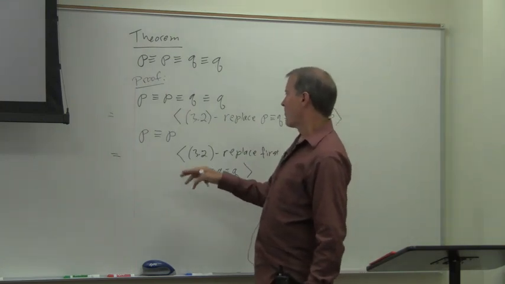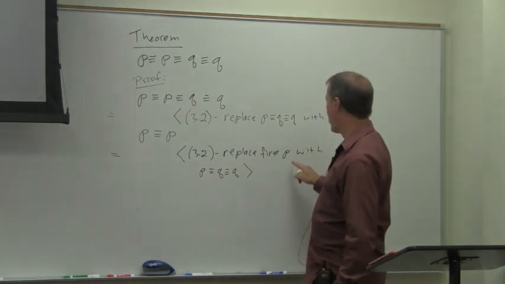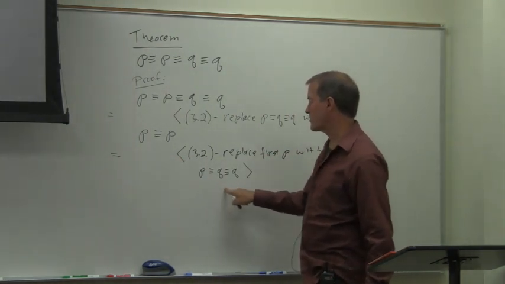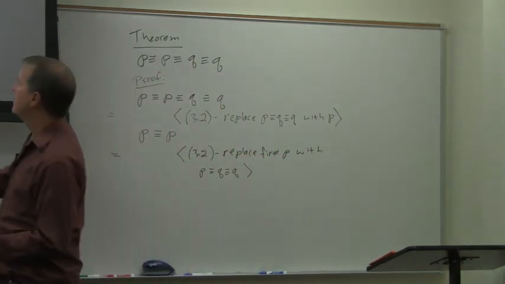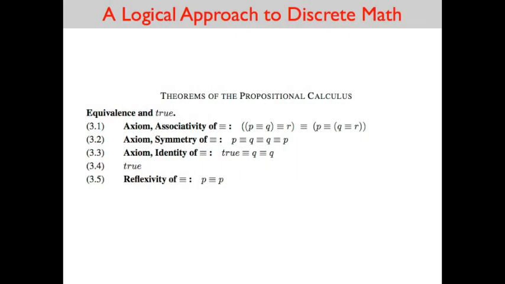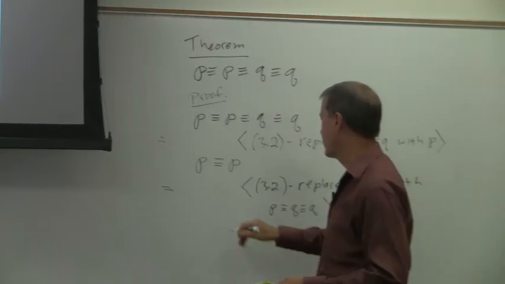Does everybody see why we can replace the first P with P equals Q equals Q? Because P equals Q, well, that's P, right? Are you with me? So now we're going to replace this first P with that. So what would we have?